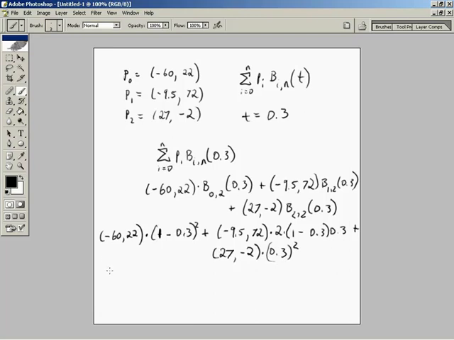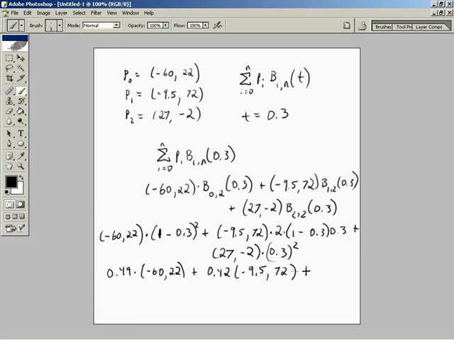So what I get here is 0.49 multiplied by negative 60, 22. And if I make a mistake, you'll still get the idea, so don't criticize me. For the middle term we have 2 multiplied by 0.7 times 0.3, so that gives us 0.42. 0.42 multiplied by negative 9.5, 72.